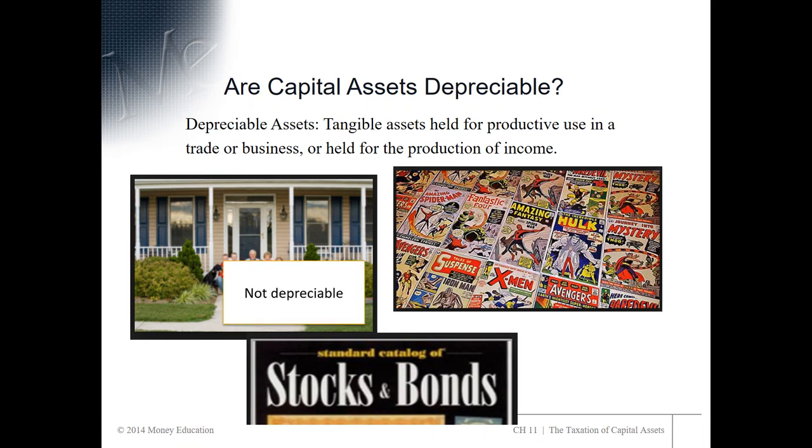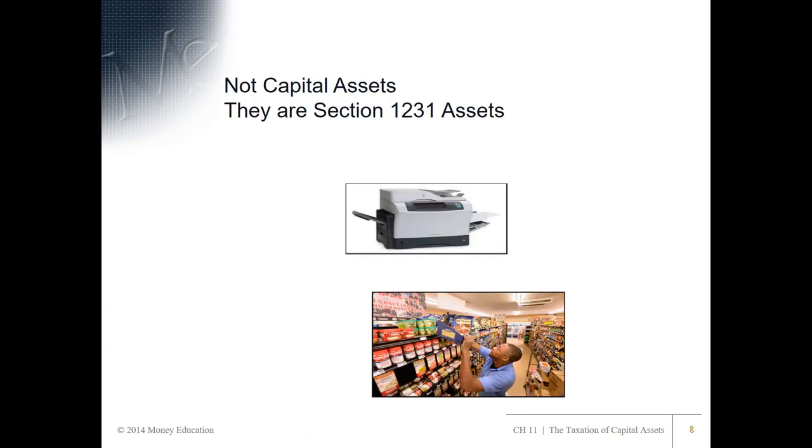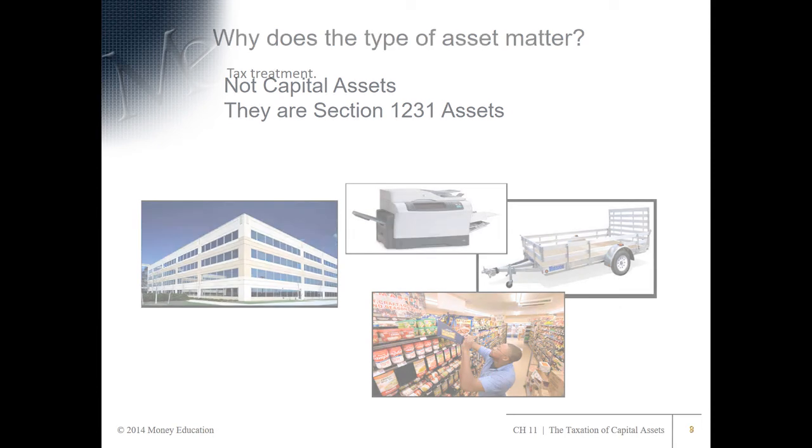Collectibles are in this category, but none of these are depreciable. They're not in a trade or business. Now, these things are not capital assets. These are Section 1231 assets, or down here at the bottom in the case of inventory, that's an ordinary income asset.